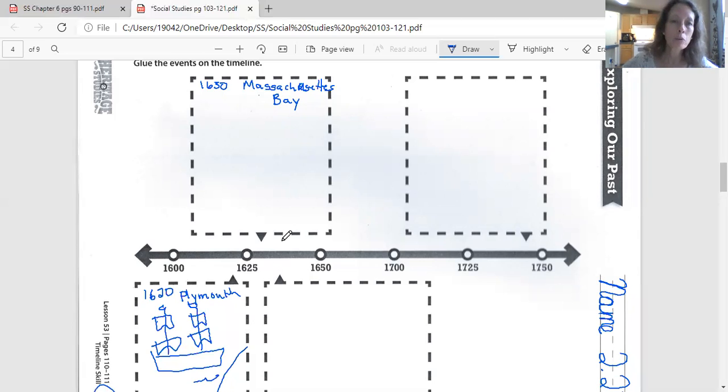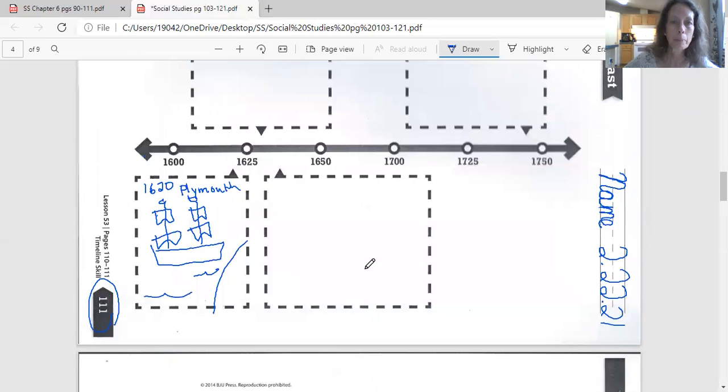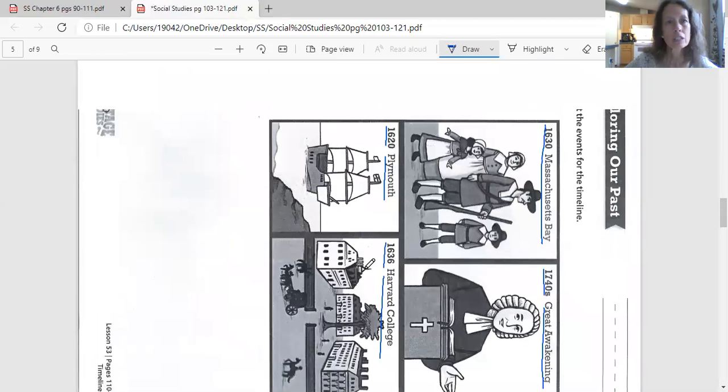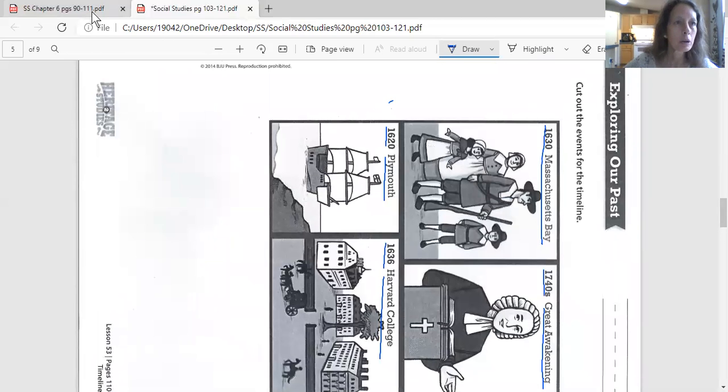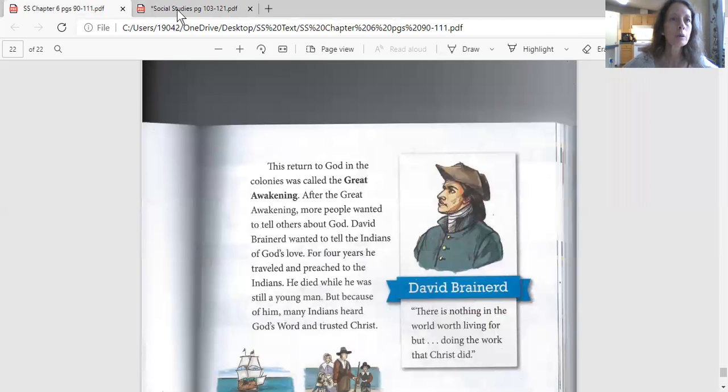Okay. And then let's go on to the next one. This was about in 1636. What happened in 1636? Let's look on our sheet. 1636, so we can look back up on our textbook. In 1636, there it is right there, Harvard College. So we'll come back to our paper.